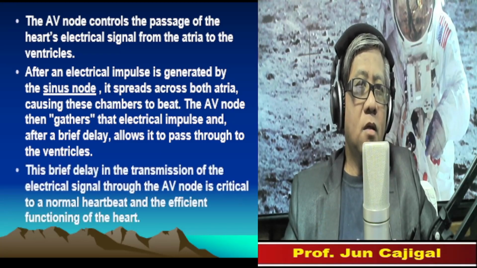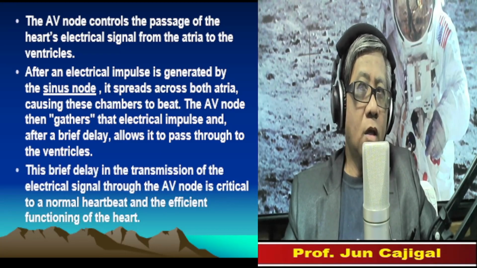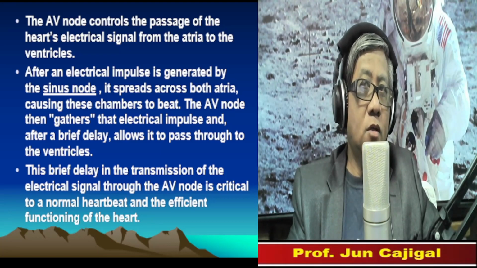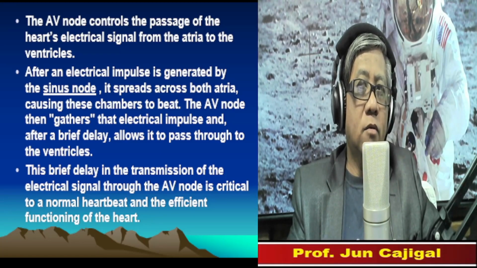Now this delay in the transmission of the electrical signals through the atrioventricular node is crucial, or vital, to a normal heartbeat and the efficient functioning of the heart. Now to continue, as we mentioned, the sinoatrial node generates the electrical signals, and then the signals are received by the AV node.